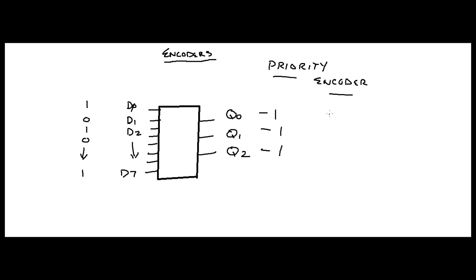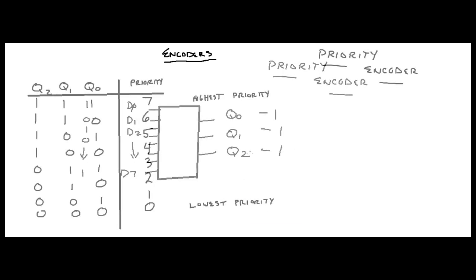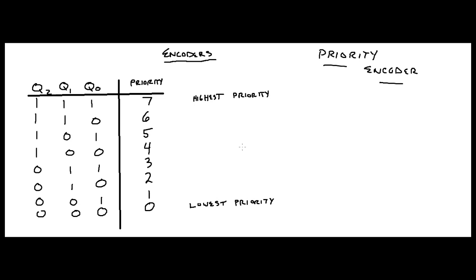Now, let's talk about writing the equation, right? The outputs for Q0, Q1, and Q2 for a priority encoder. To do that, I have to write a table, and I'll be right back. Alright, so I redrew a table here for you. And basically, on the left side here, we have Q0, Q1, and Q2.